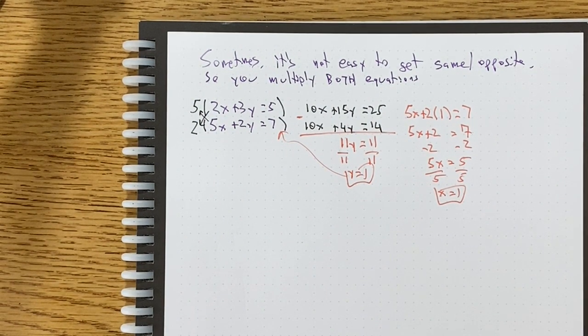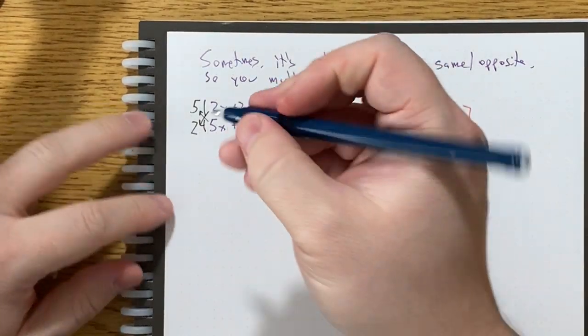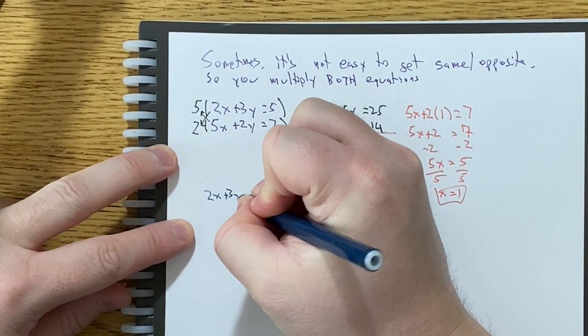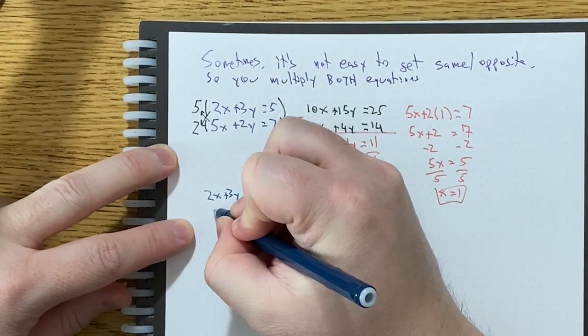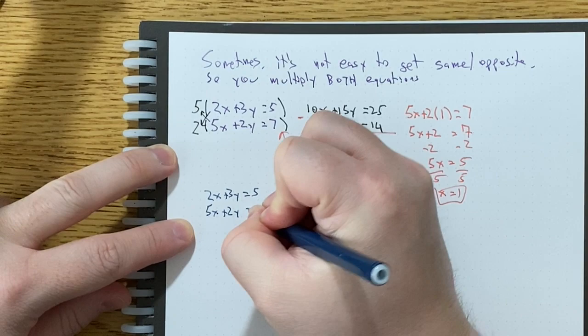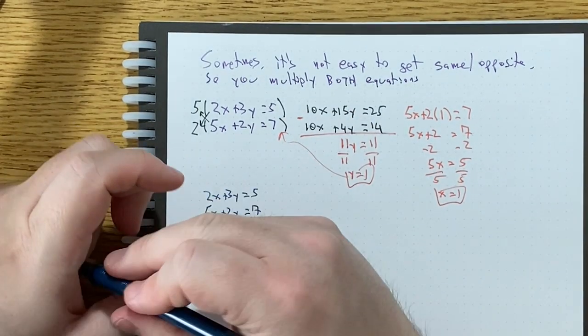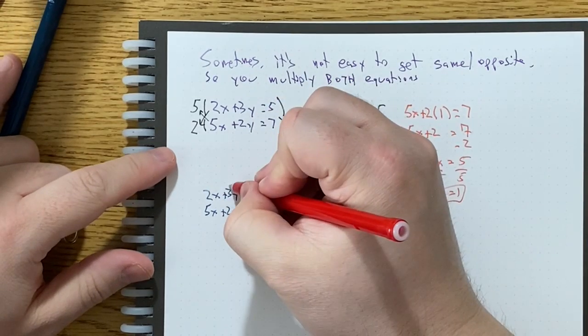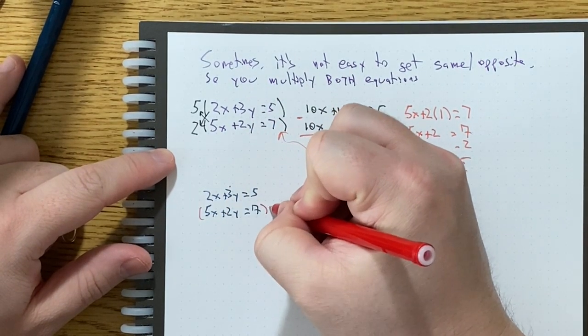Now, if we want to get rid of y's, we could have done that too. I'll do that super quickly, without speaking as much. So we're doing this one. We would have looked at this 3 and said, oh, let's multiply by 3.